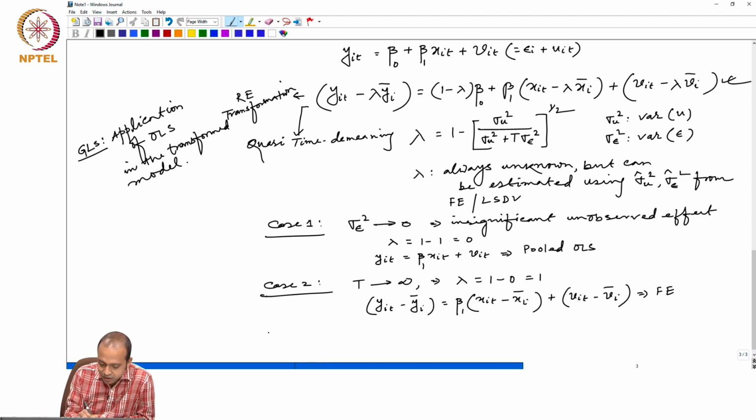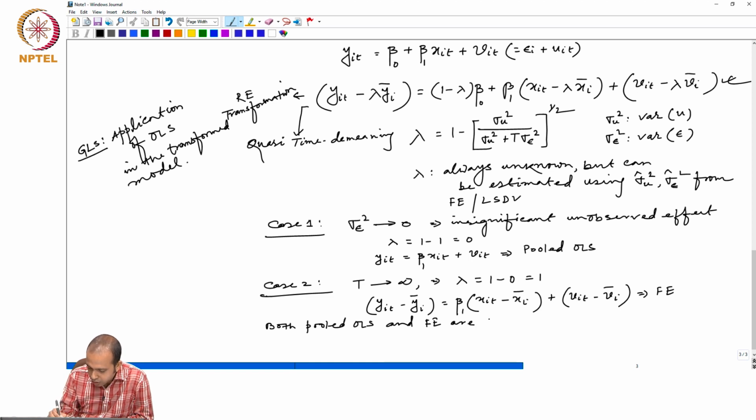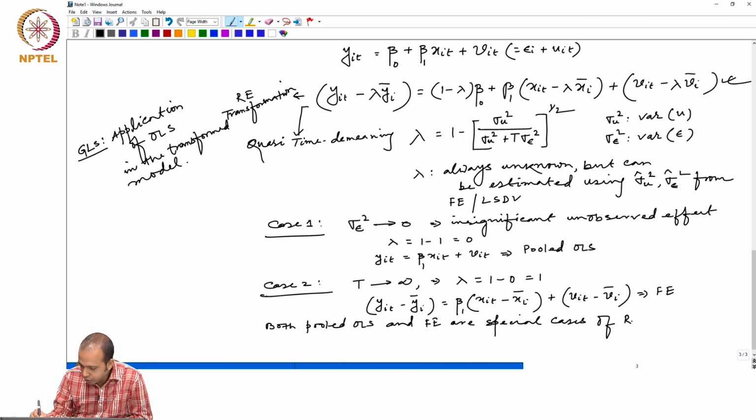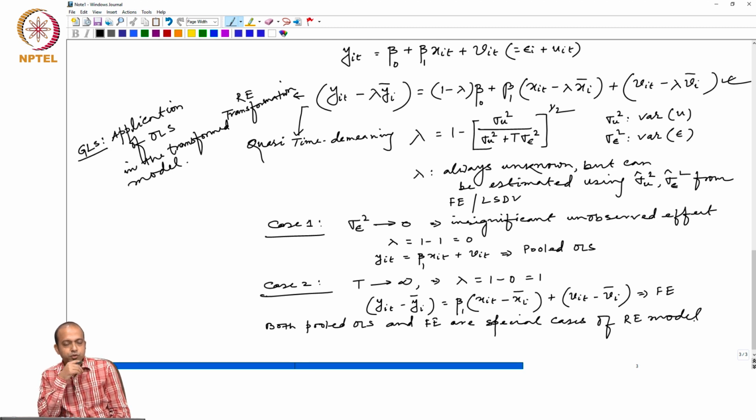So we can say that both pooled OLS and FE are special cases of the random effect model. That we have to understand.